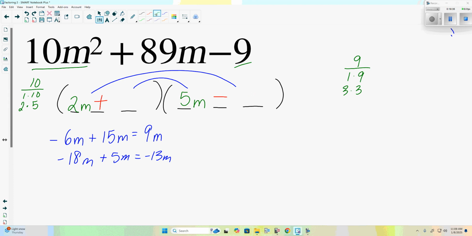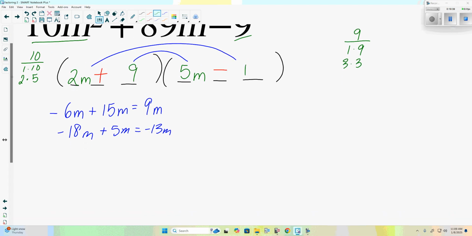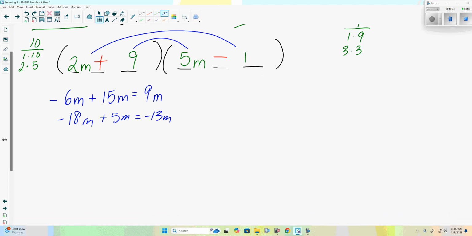And if we did, it will give us a different value, because now we'd have negative 2m plus 45m, giving us 43m. So again, it's a little bit off. So there's a good chance that we are going to need 1 and 10.